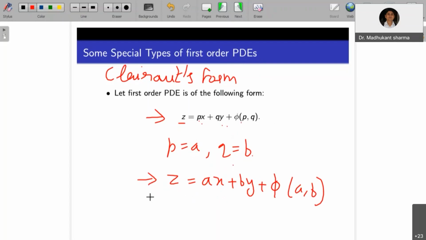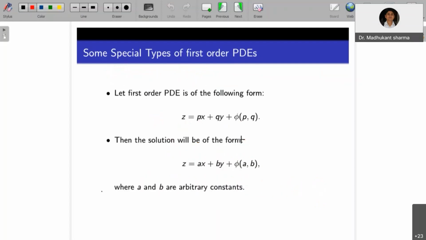So if you verify that the given first order PDE is in Clairaut's form, you can obtain a general solution by just replacing p equals a and q equals b, where a and b are arbitrary constants. Only two arbitrary constants are allowed in the general solution.